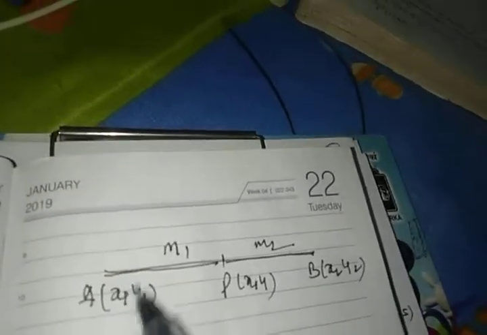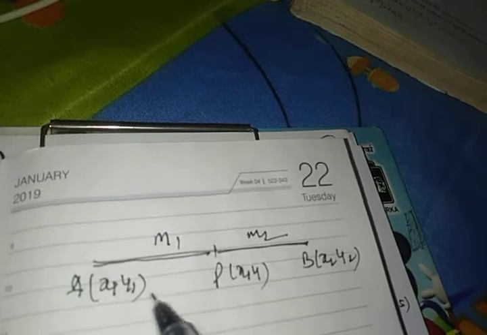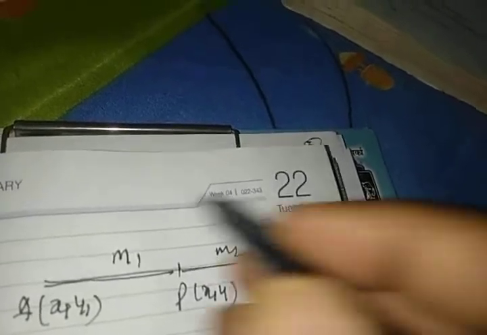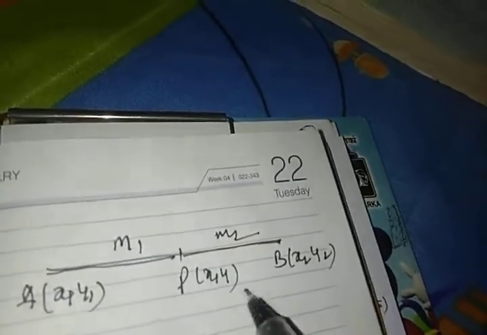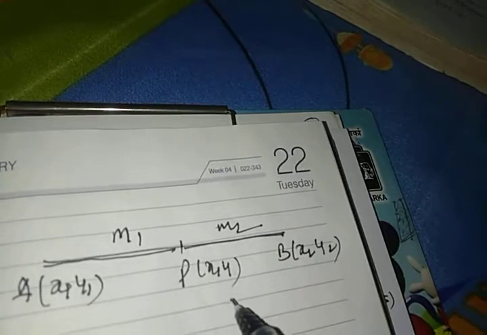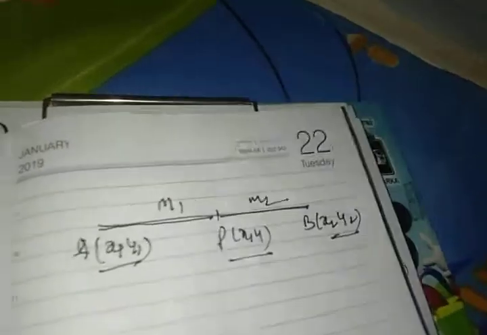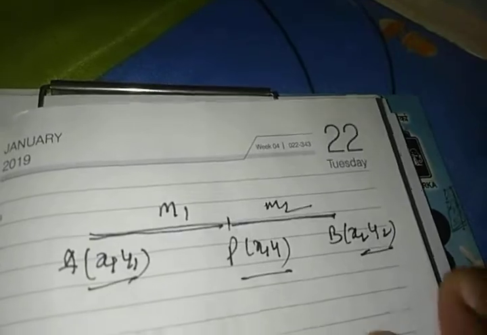The relation between all these variables x1, y1, m1, m2, x, y, x2, y2, if we know it, then we can find any one of them, including the ratio. So first know what the connection is.